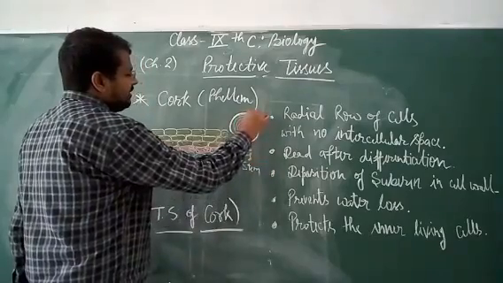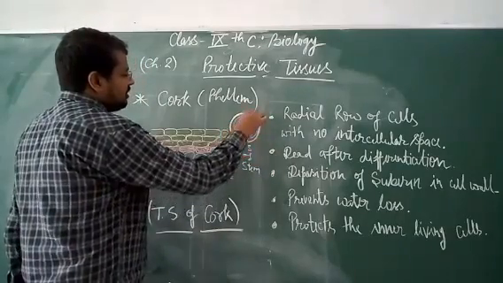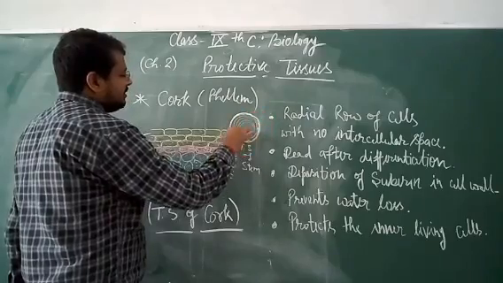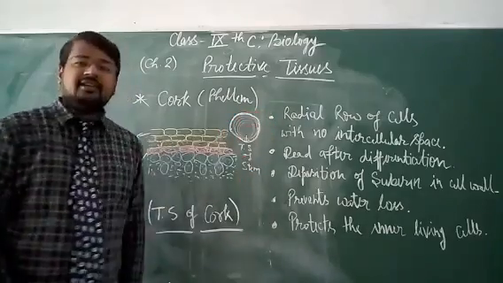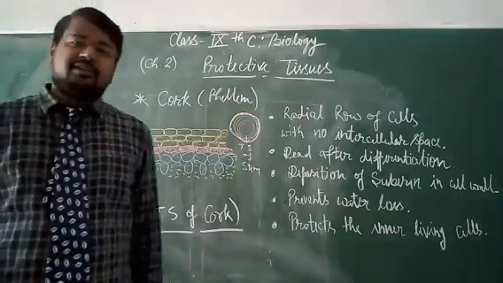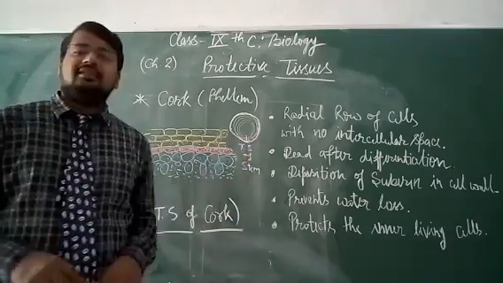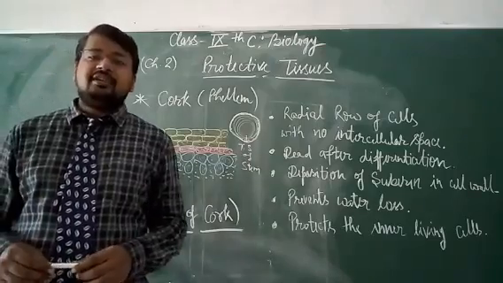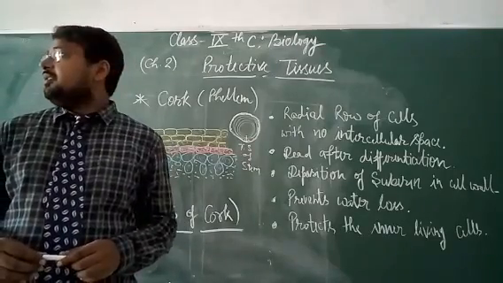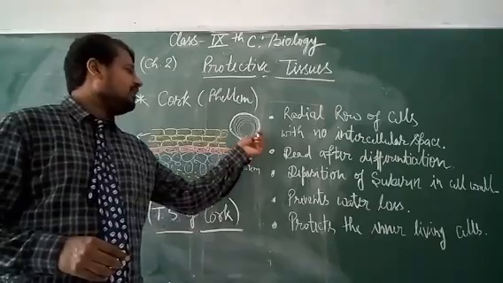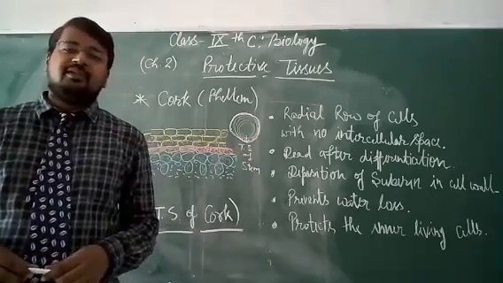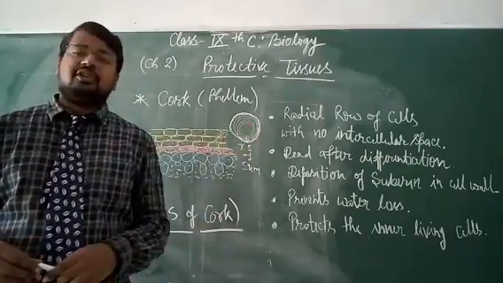So you will find the presence of this cork below the epidermis, and this is a very significant modification that is found in the mature dicot plants to protect the inner living tissues and to keep the environmental factors away from the internal structure.